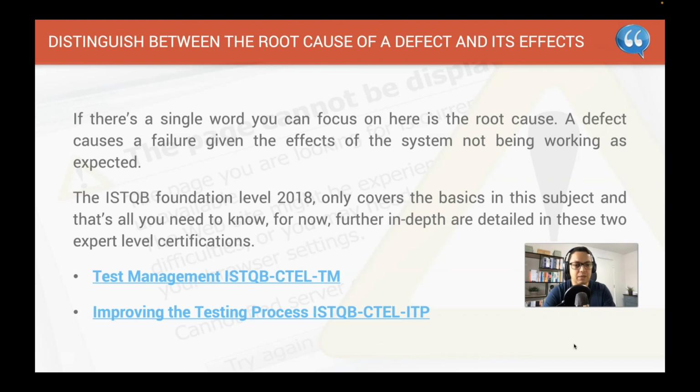This syllabus doesn't fully cover it. If you want to know more, it is under the more expert level of the ISTQB exams, more of test management or improving the test process, which is like 10 years of experience or something. But here I'll give you an overview.